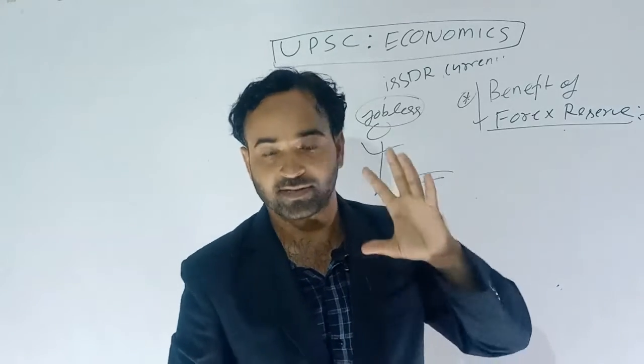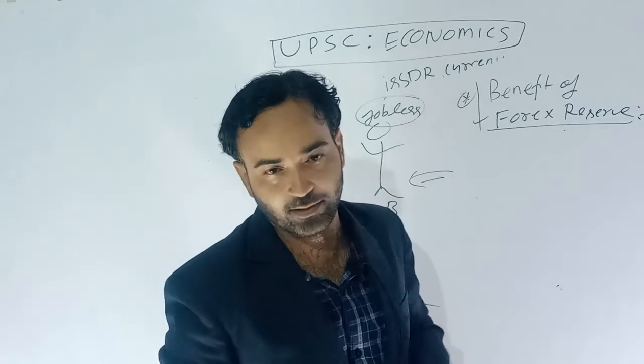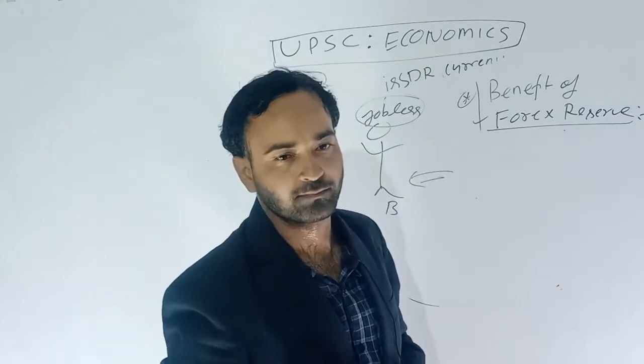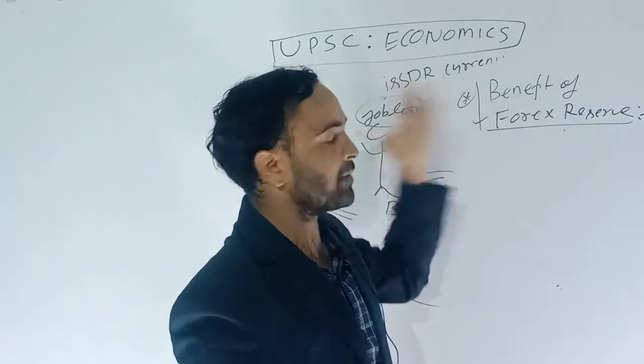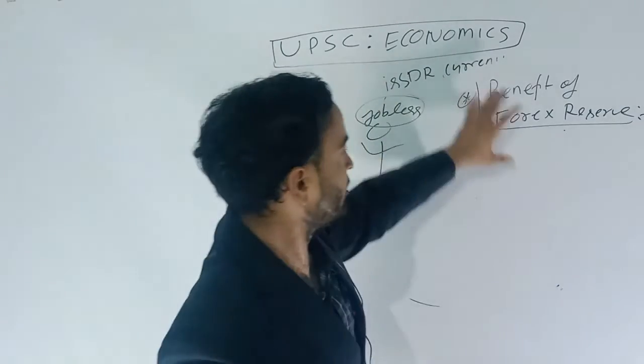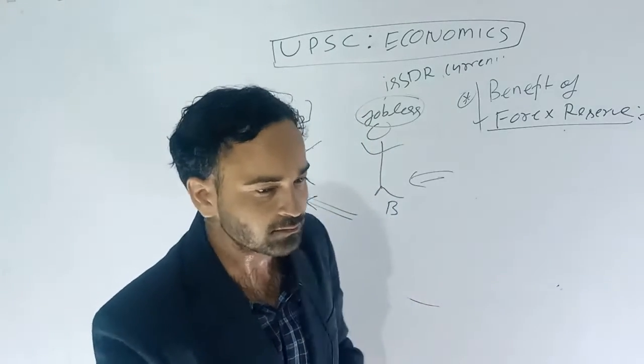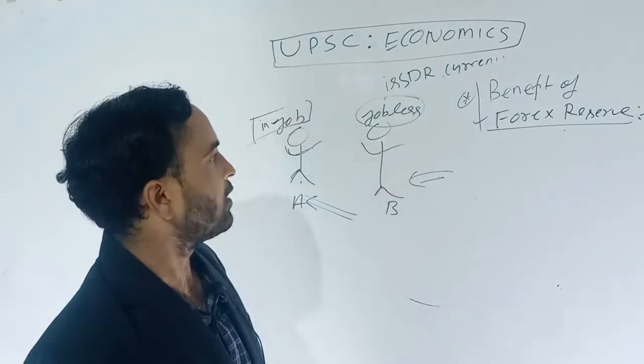And the credit rating agency says you can lend to them. He can easily repay your loan. So this also makes a goodwill for the country. Got my point? Yes.